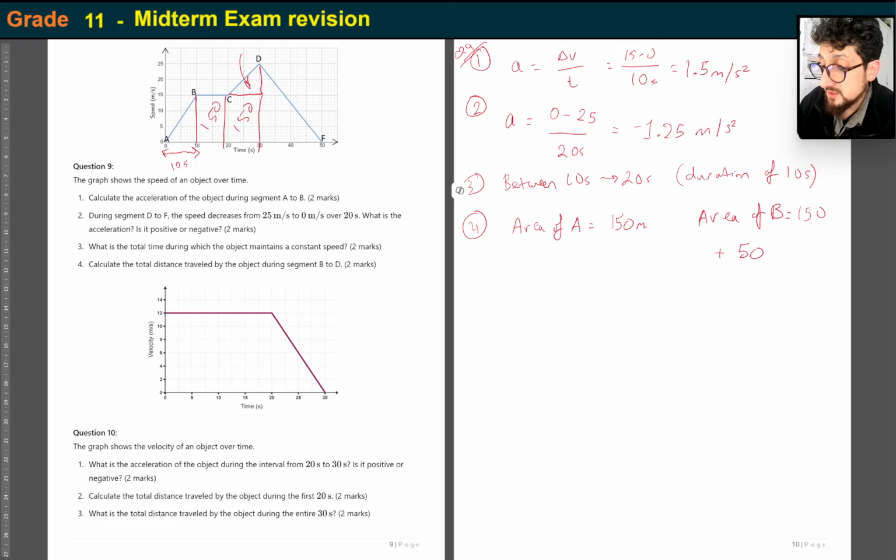So total distance from B to D equals 350 meters. Okay? And that's how to do that one.